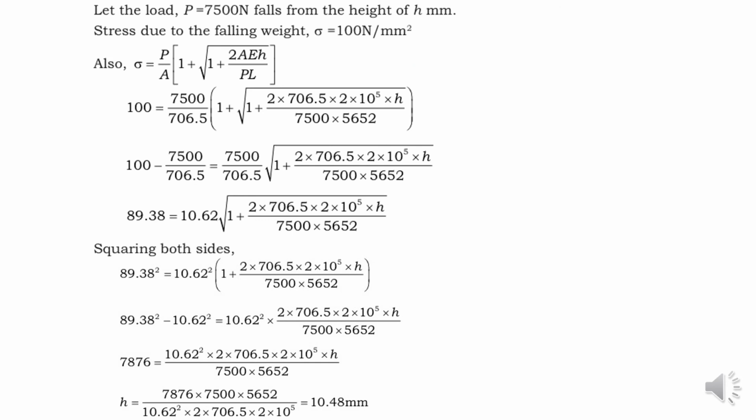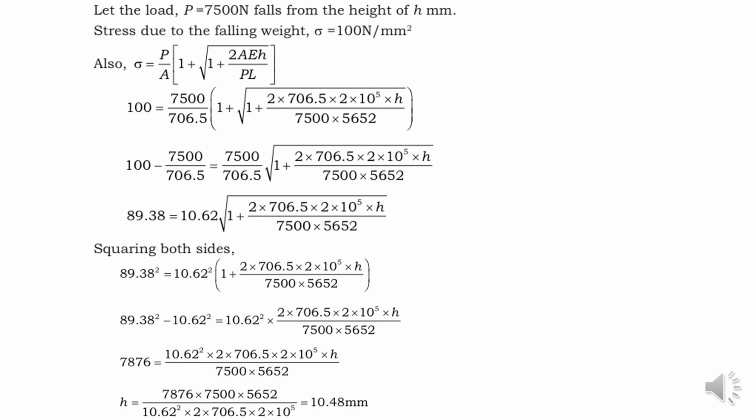Now the equation for stress is equal to P by A into 1 plus square root of 1 plus 2 A E H divided by P into L. Where sigma is the stress and P is the load value, which is 7500, divided by area, which is 706.5, into 1 plus square root of 1 plus 2 into A into E into H, where H is the height of fall, divided by P into L, which we found out in the previous step. Okay, so simplify the equation.